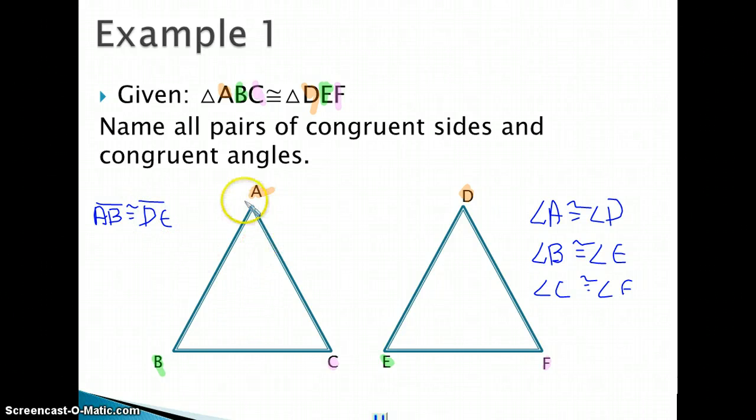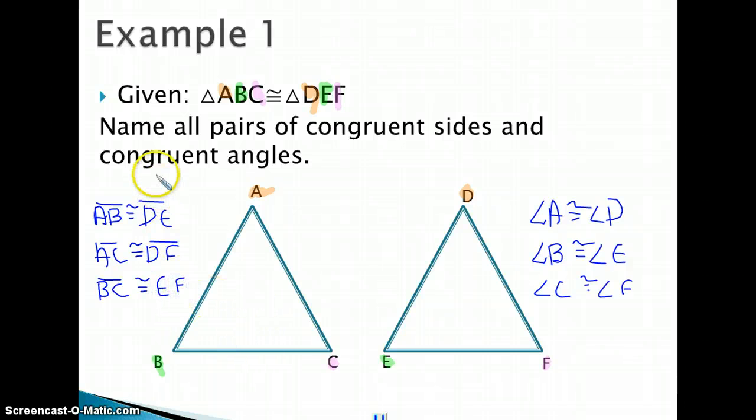Instead of going to green, maybe I started with the orange and went to the pink. AC, congruent. On the other side, the orange to pink is DF. And then if we started at green and went towards pink, we'd have BC, and that's congruent to EF.